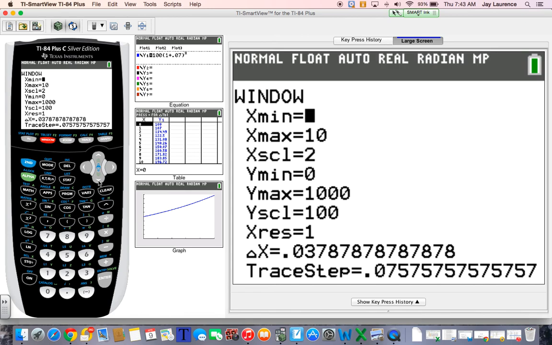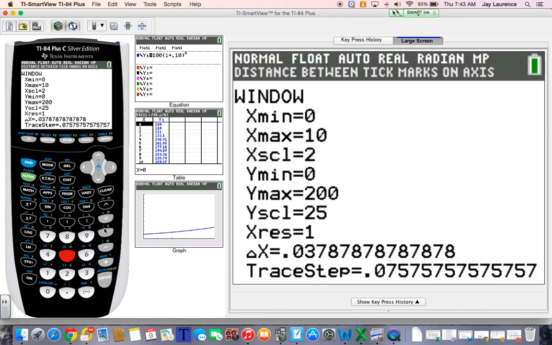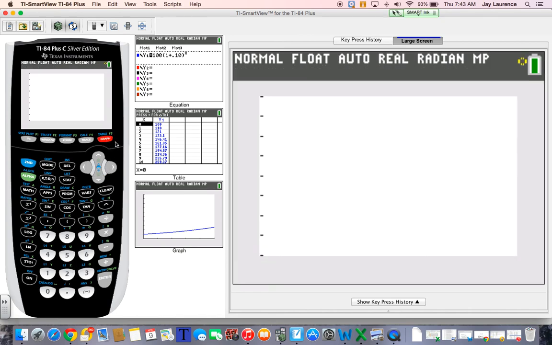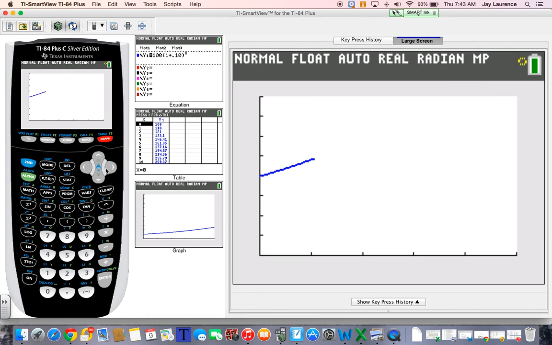Let's make the Y maximum 100. No, that'd be too small. Let's go 200. And let's make our scale 25. Okay. So there's my graph.